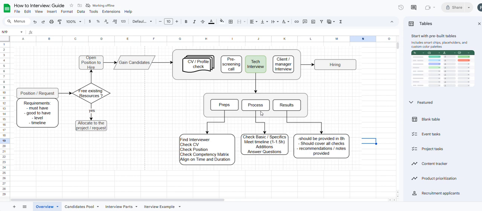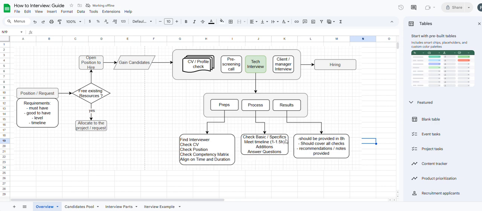For example, if you are looking for senior Salesforce developers with knowledge of CPQ, in that case, according to the competency matrix of our company, we need to take a look if that specific specialist actually meets our expectations for the senior developer, and then we could ask for the specifics. That means that we could ask for knowledge related to CPQ, if it's, for example, not included in our competency matrix.